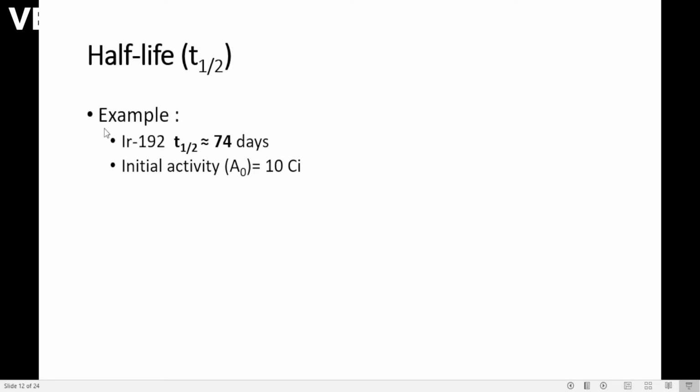So let's do this example here. We have iridium-192 again, just because we use this in radiation therapy. The half-life of iridium-192 is approximately 74 days. And for this example, the initial activity of this sample is 10 Curie. So let's think about this.